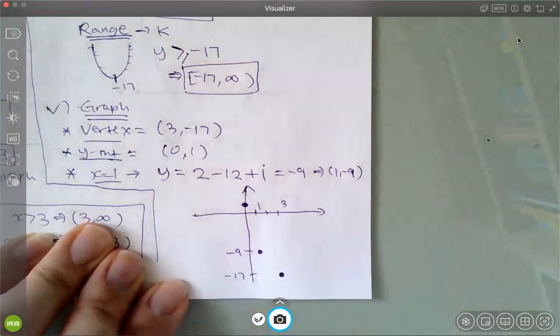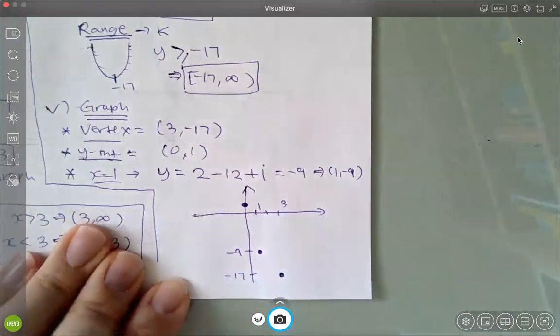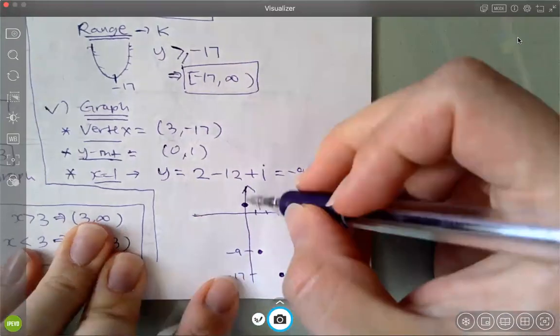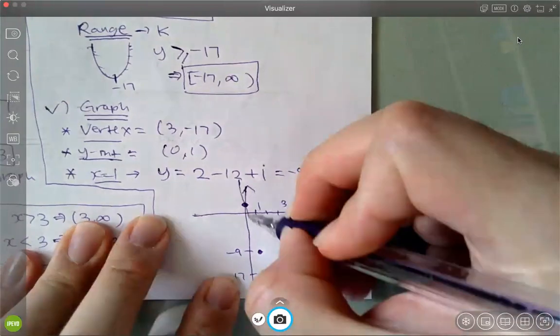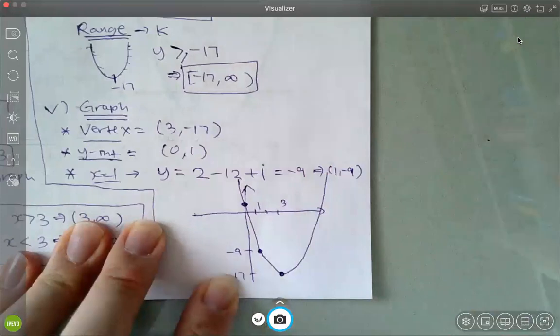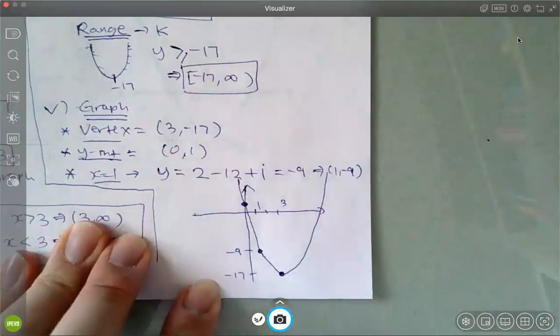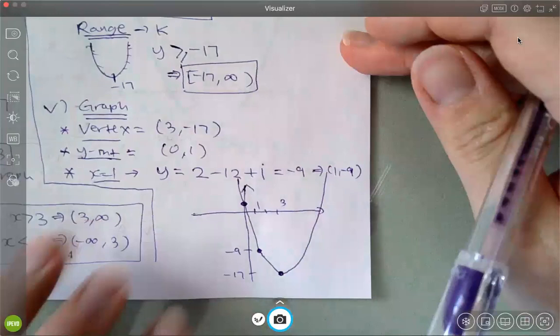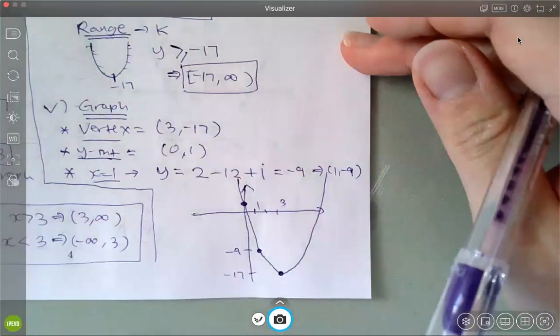Okay, so now remember, the vertex was at 3 comma negative 17 and the graph is opened upward. So that means we have to have this U-shaped curve, right? That looks something like this.